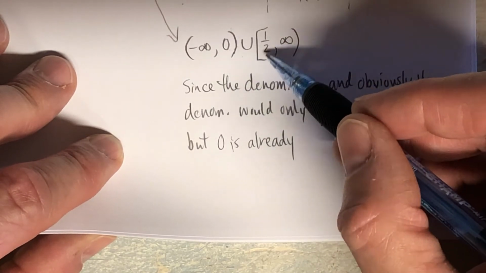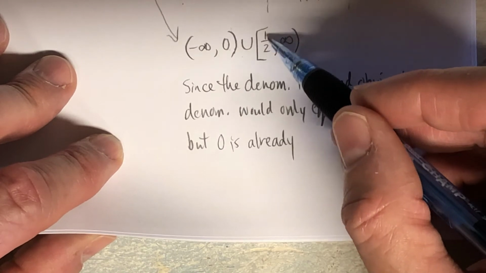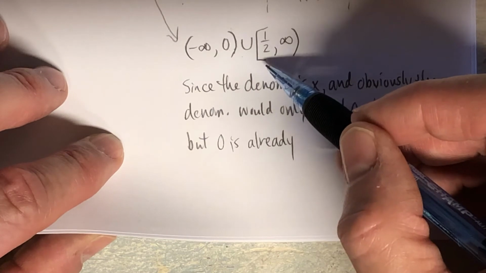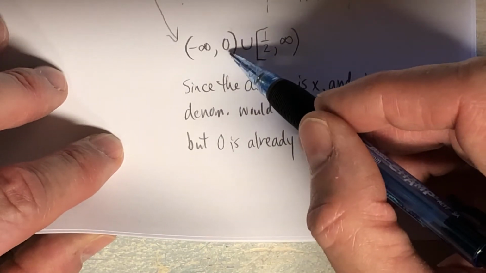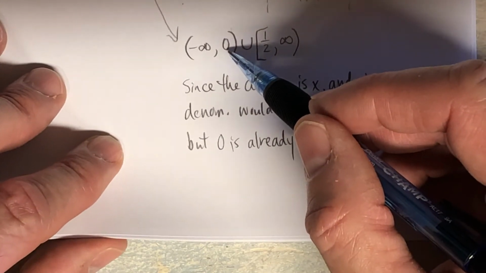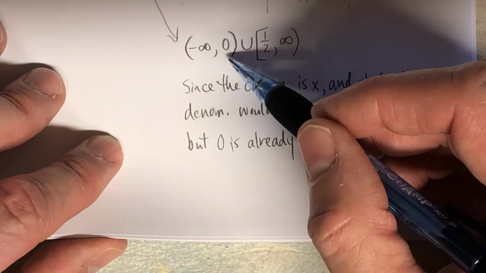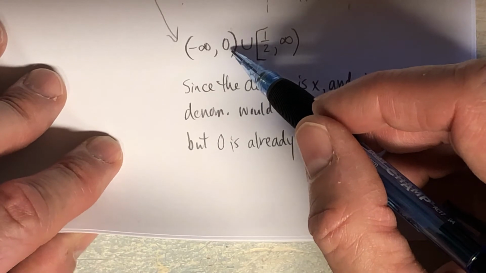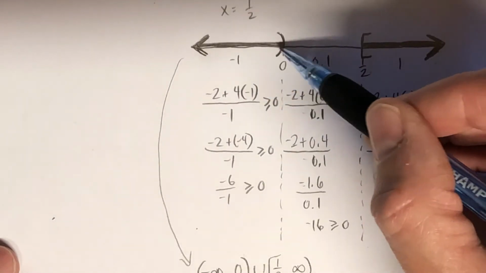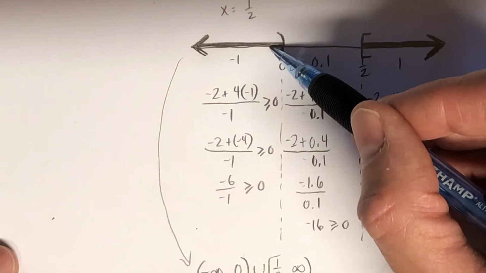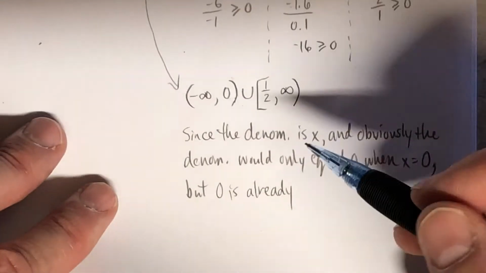Remember, a square bracket next to 1/2 means that 1/2 is in the answer. It is a part of the domain when the square bracket's next to it. But if a round bracket's next to a number, that number's not in the domain, just the numbers next to it. Numbers to the left of 0, as we can see up here, like negative 0.1, negative 0.2, those kinds of numbers are in the domain, but 0 itself is not.